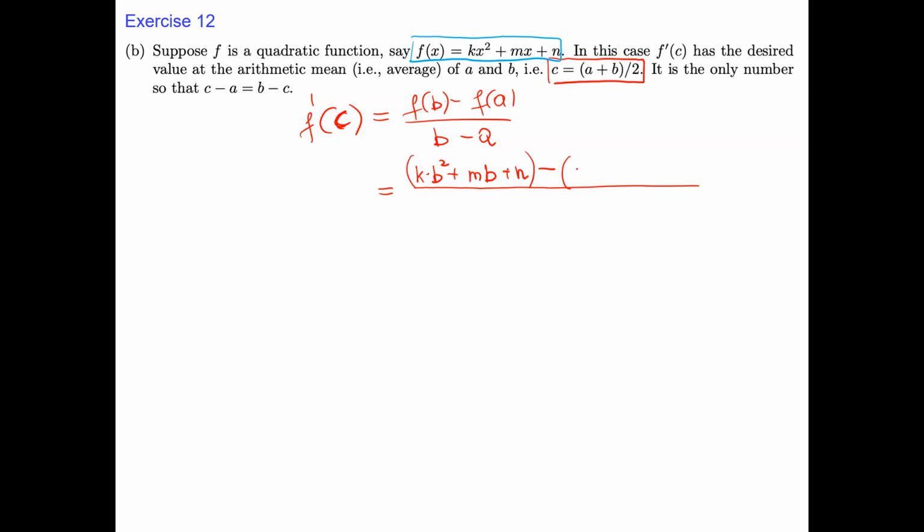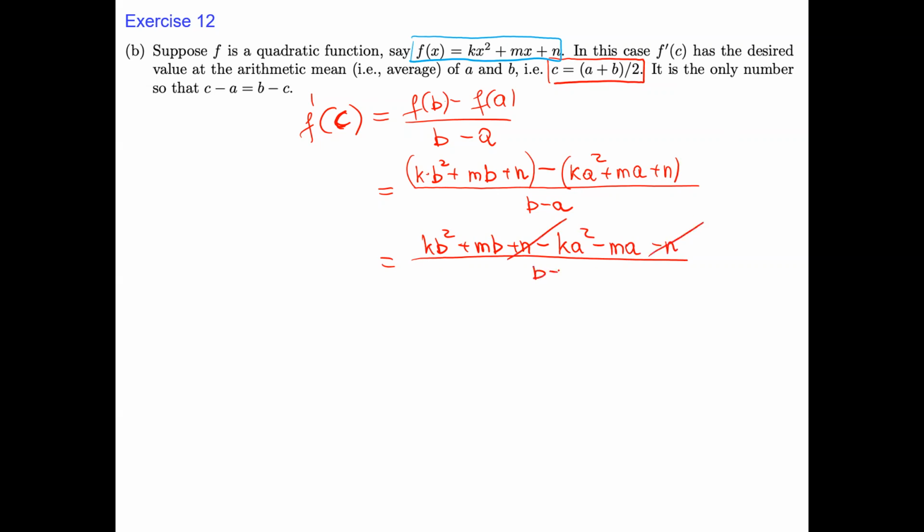Instead of x, we're placing a: k a squared plus m a plus n, over b minus a. So we have k b squared plus m b plus n minus k a squared minus m a minus n.